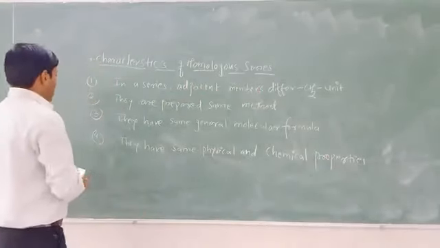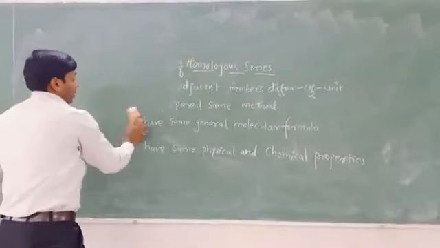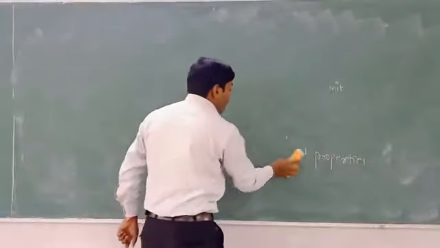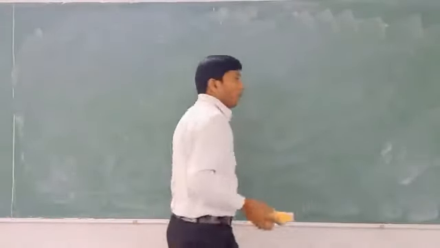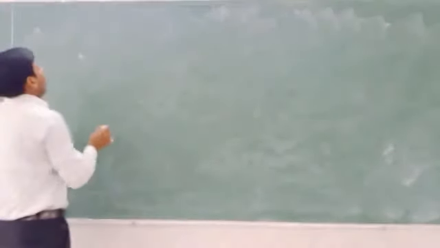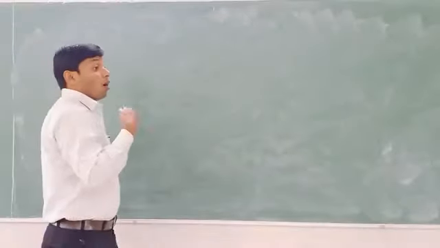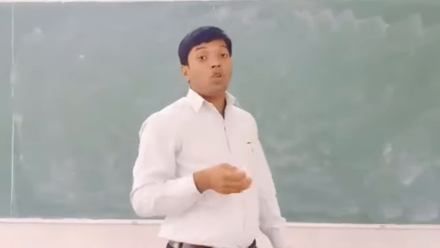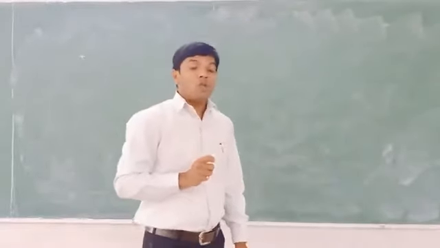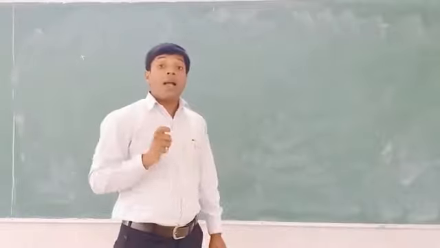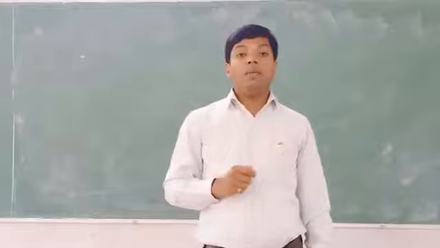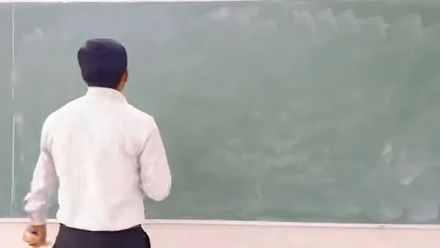Next we are going to discuss how to calculate the number of sigma and pi bonds present in an organic compound. We already studied the covalent bond, what we mean by sigma bond and pi bond, and the difference between sigma and pi bond. Right now we will study how to calculate the number of sigma and pi bonds present in the given organic molecule or compound.